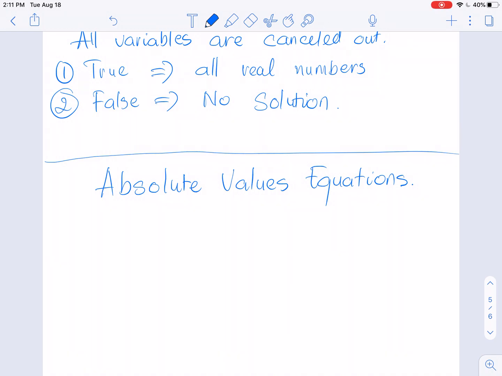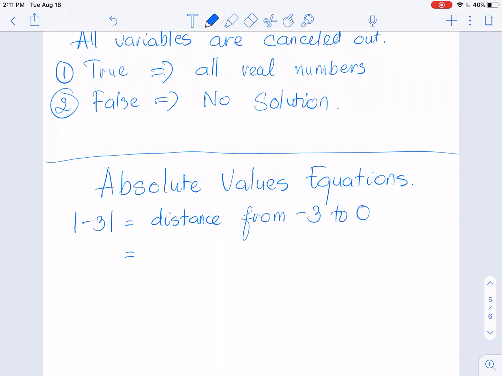Now let's take a look at absolute value equations. First of all, hopefully you still remember what absolute value means. For example, what is the absolute value of -3? It is the distance from -3 to 0 on the number line.